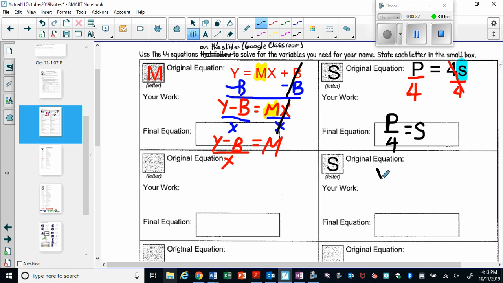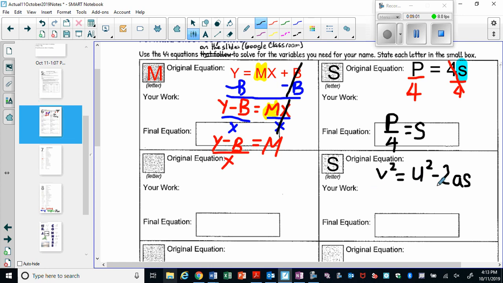So we will say V to the second power equals U squared minus 2AS.